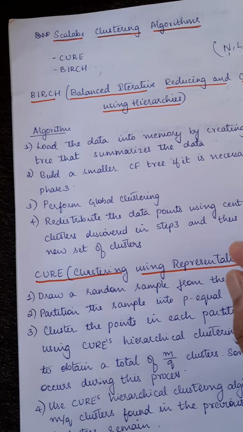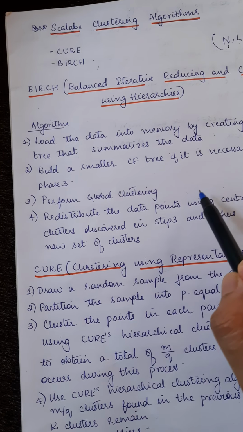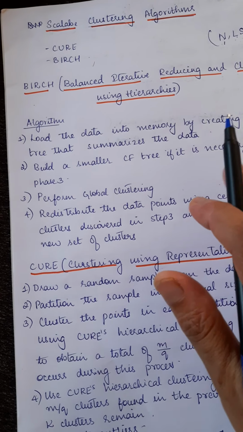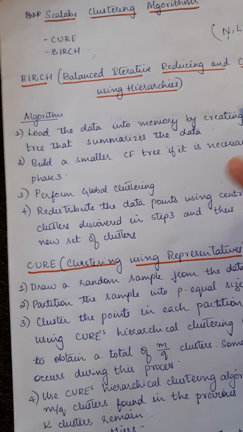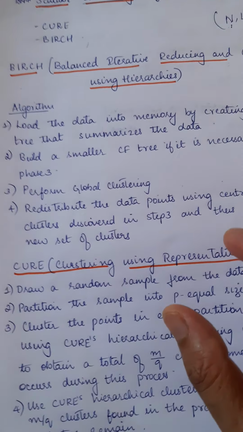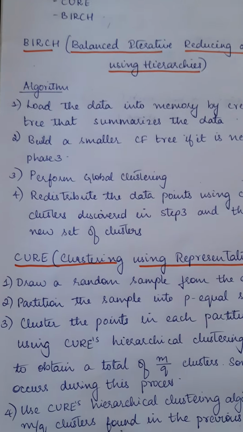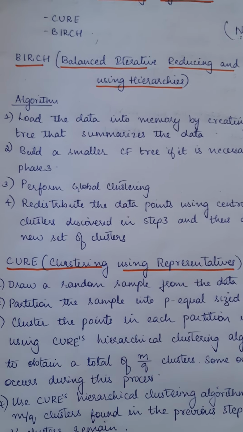BIRCH follows each split with a merge step. At the interior node where the split stops, the two closest entries are found. If these entries do not correspond to the two entries which resulted from the previous split, then an attempt is made to merge them and the corresponding child nodes. So this is what we do in the BIRCH algorithm. I have the algorithm here.